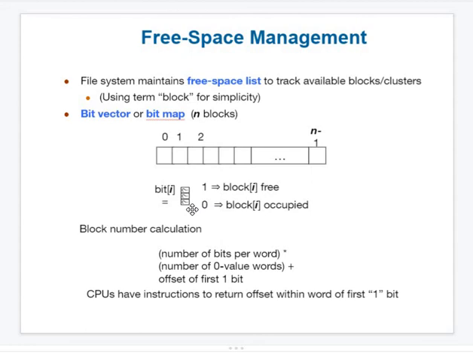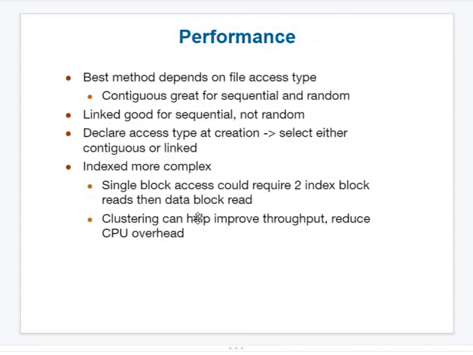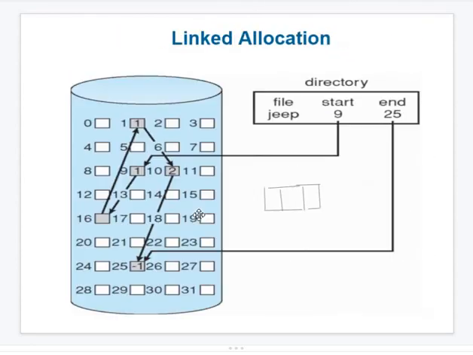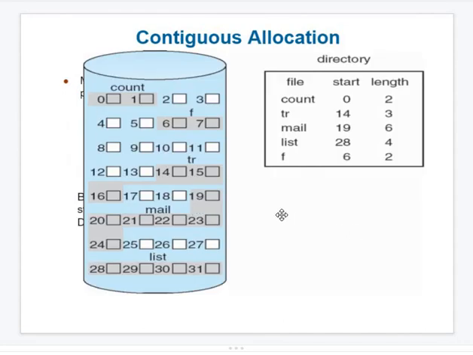Okay, so the last point from this chapter is free space management. The meaning of free space management is, let's assume, as I told in the earlier diagram, here I will prepare one table of free blocks. Starting address 2, length 4. What does it indicate? 2, 3, 4, 5 are free. Next, starting address 8, length 6: 8, 9, 10, 11, 12, 13 are free.